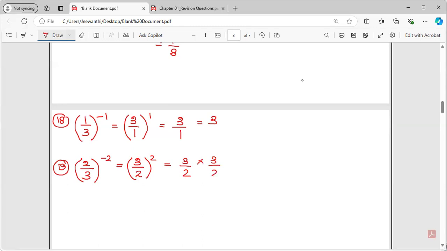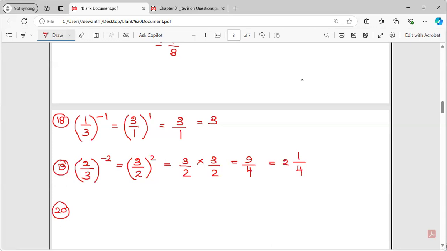We want to write the base value 2 times. The answer is 9/4. And you can write this as a mixed number also, or else you can keep it as 9/4, that's fine. So both are okay, if you have written 9/4, that is also okay.